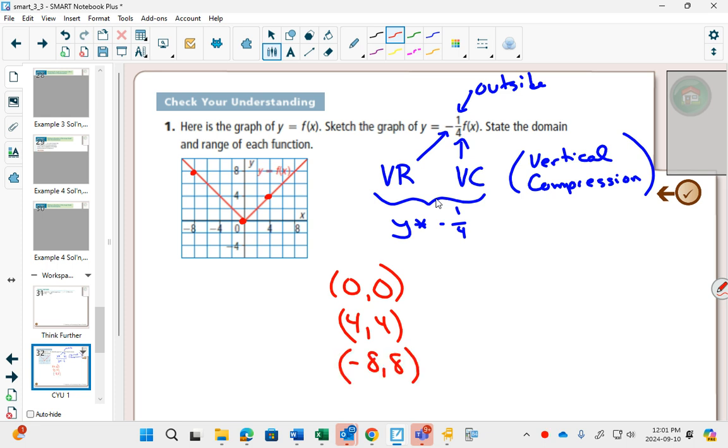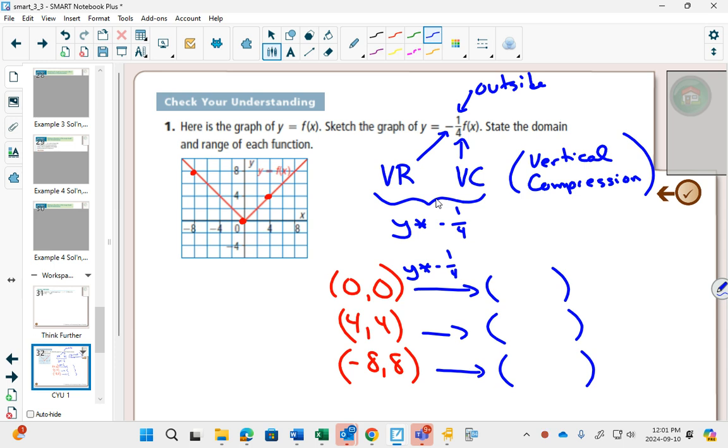And the reason I like those points is because my observations tell me my y values are going to get multiplied by -1/4. So I strategically chose points that would avoid fractions. Like I could have picked 2, 2, but when I multiply by 1/4, I would get a fraction. Not wrong, but maybe it's nice to avoid the fractions if we can.